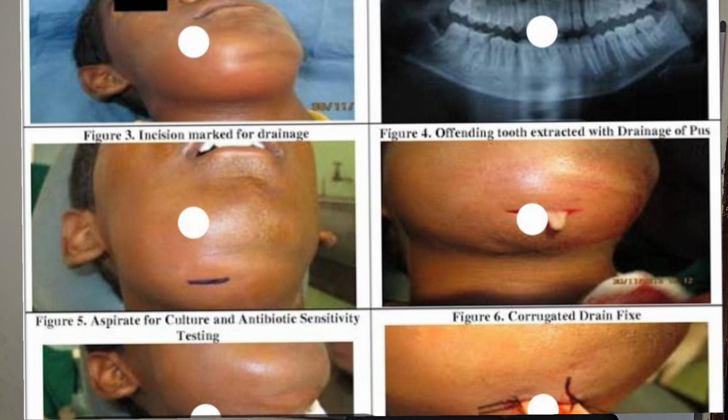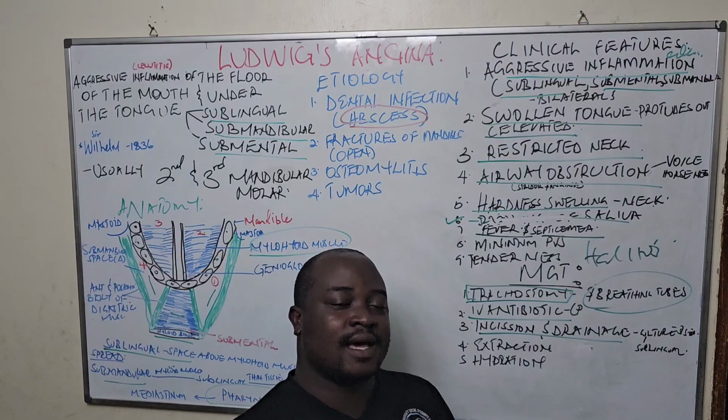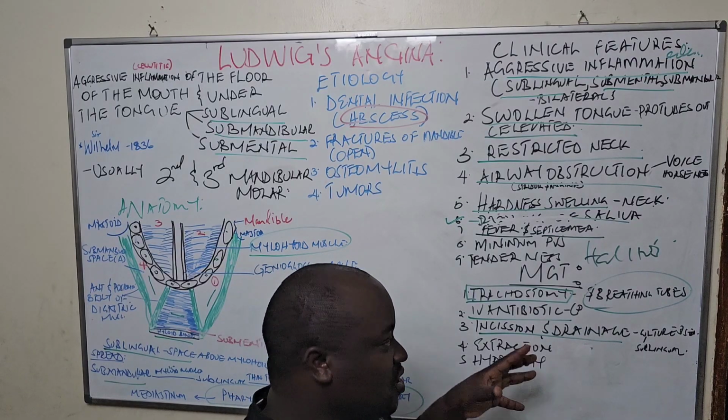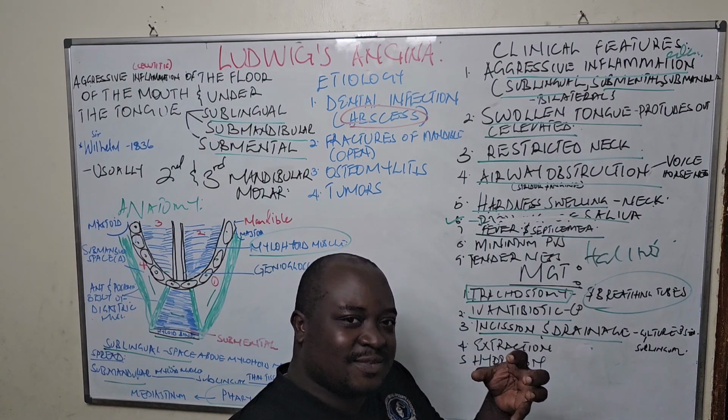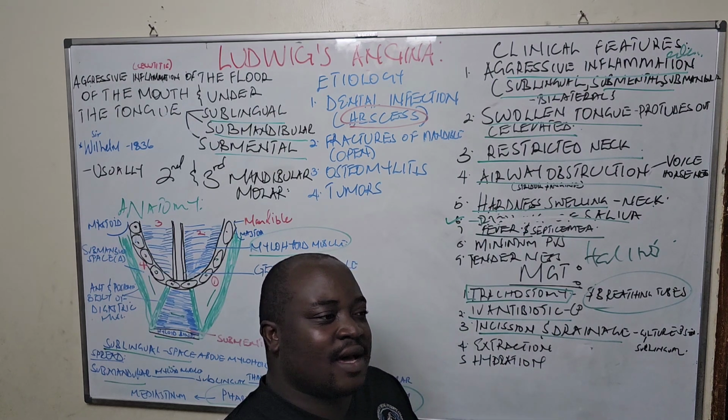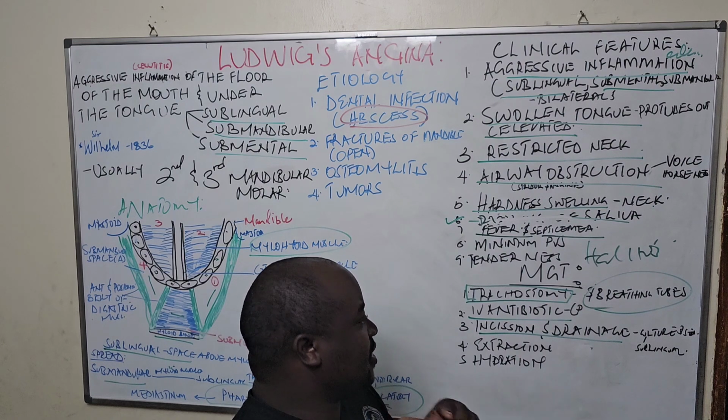The next day you review, you clean and put fresh drainage. As you're cleaning and reviewing, sometimes anesthesia may be a problem here, but you need to keep on draining. You remove this pus, all this exudate in this area.